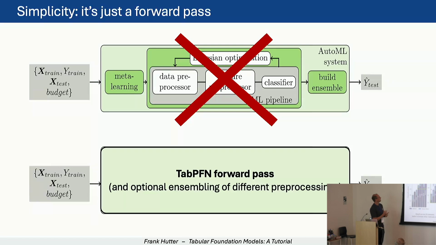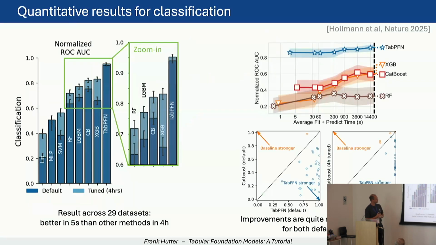All right, quantitatively, and AutoML will of course come back, and ensembling will kill this, and so we can all go home happily. But quantitatively, it has worked really nicely.